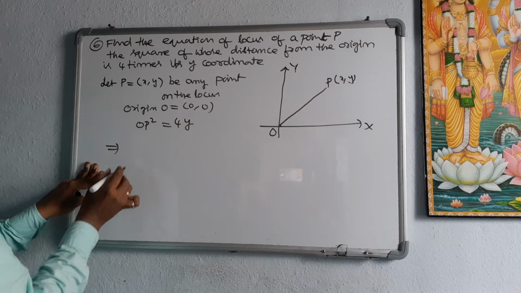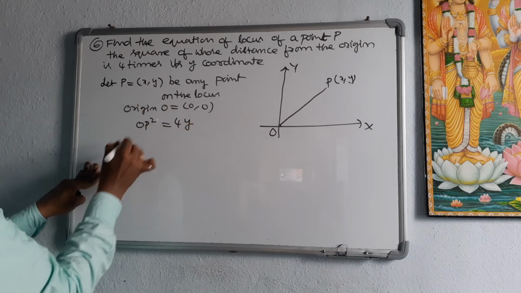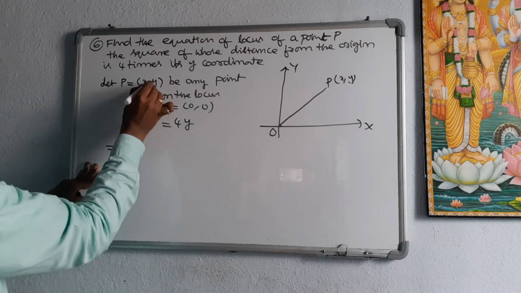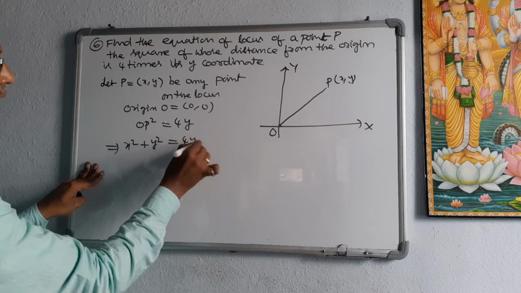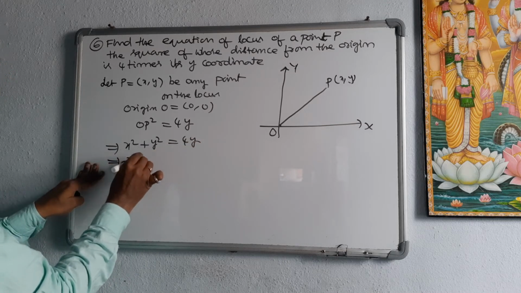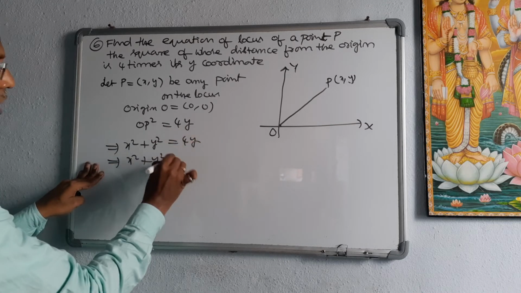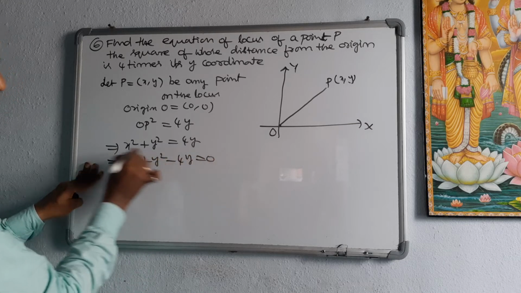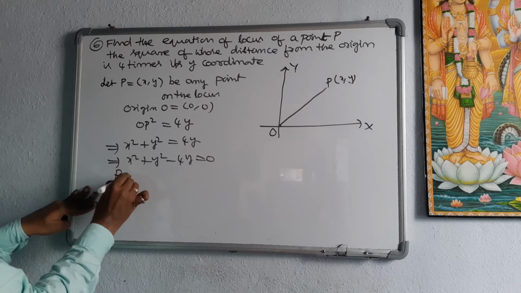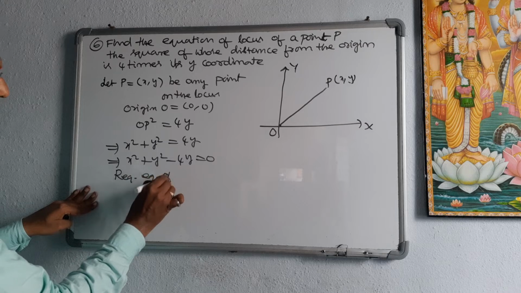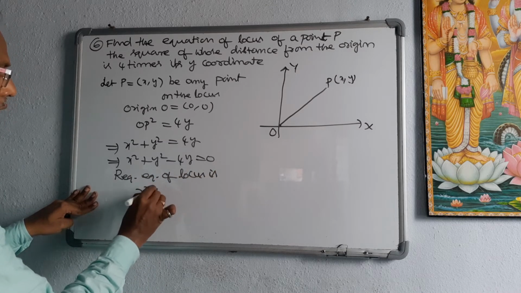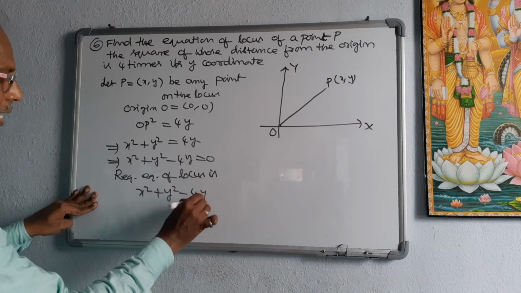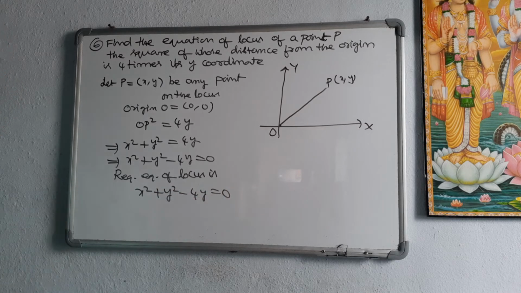Here applying the formula, x minus 0 whole square, x square, y minus 0 whole square, y square, equal to 4y. X square plus y square minus 4y equal to 0. This is the required equation of locus. Required equation of locus is x square plus y square minus 4y equal to 0.